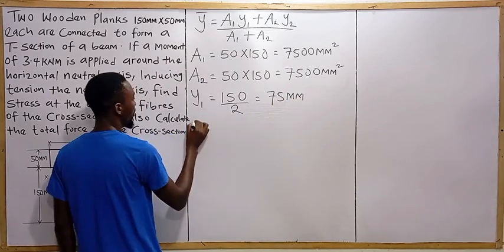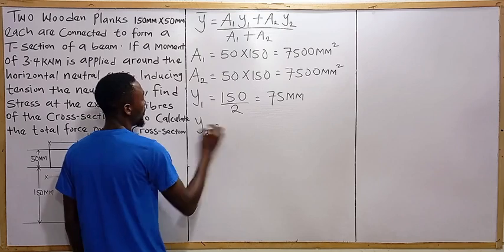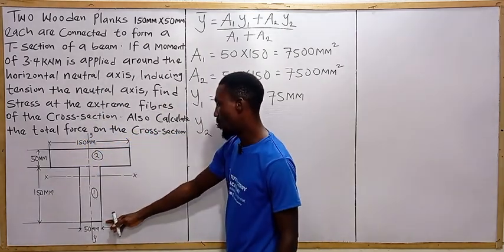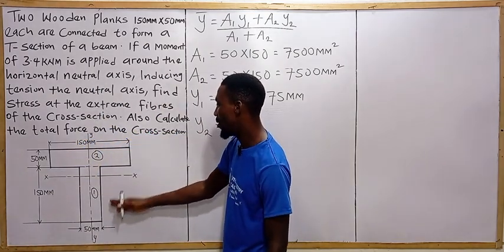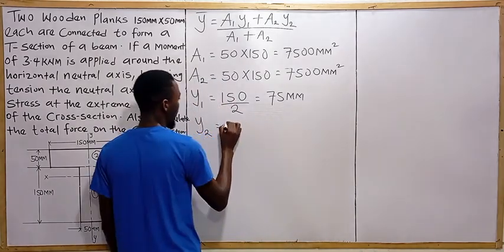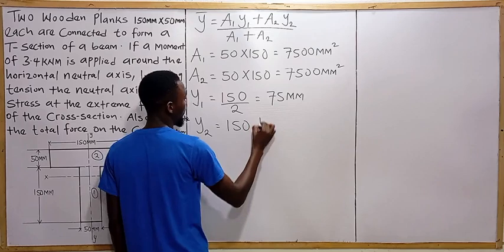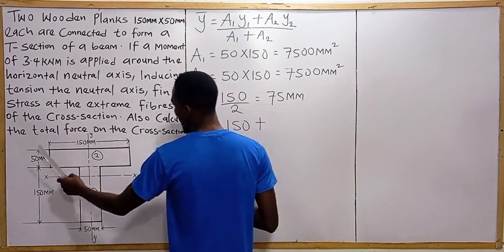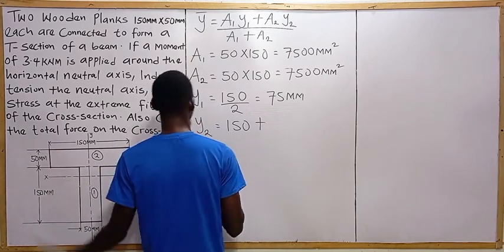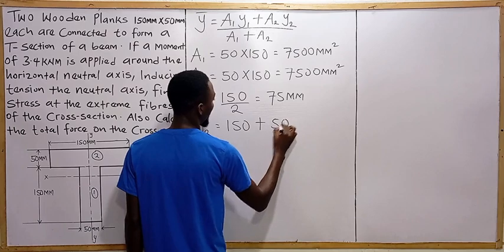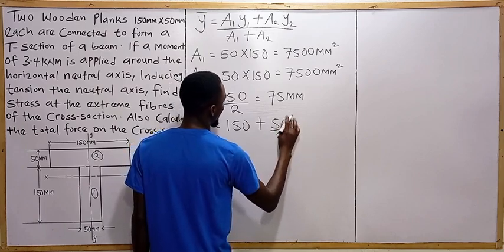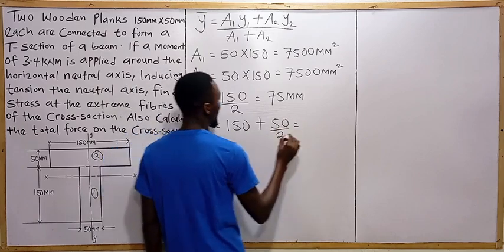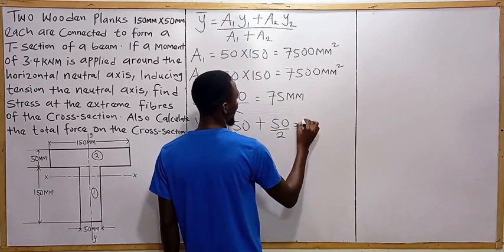For y2, it's going to be 150 plus half the depth of the second rectangle, 50 divided by 2, which is 25, so that is 175 mm.